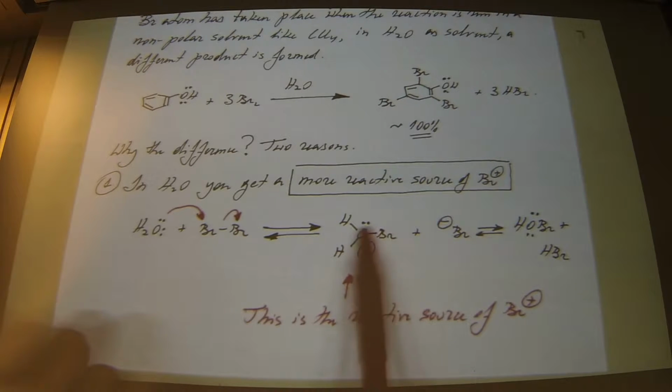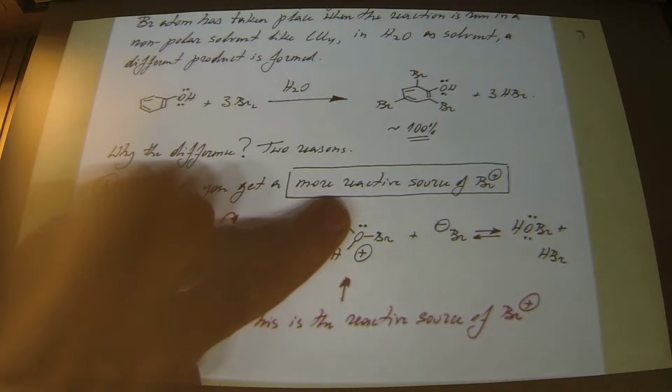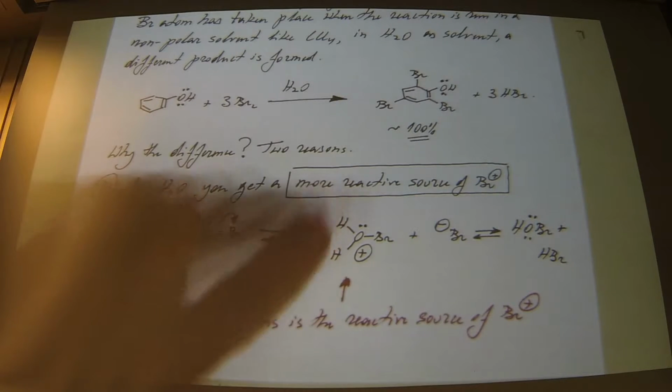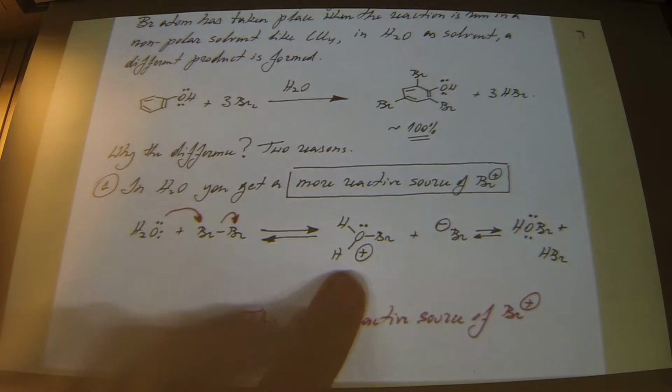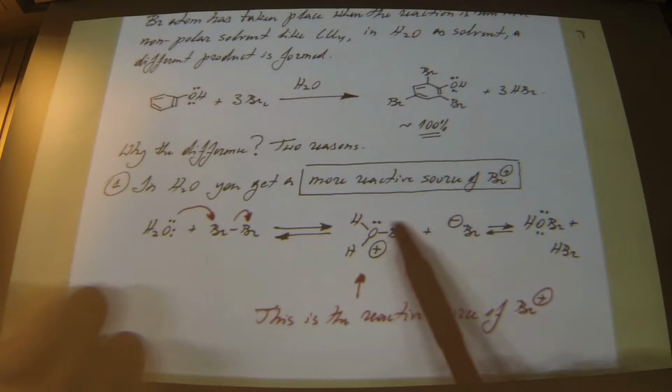But this is a very reactive form of hypobromous acid. HOBr, H-O-B-R, is hypobromous acid. This is the conjugate acid of hypobromite. So that means that this is going to be a good source of Br+.